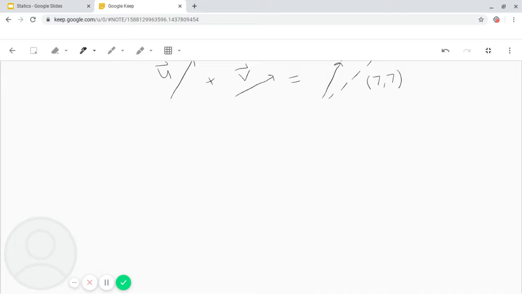Next is finding a unit vector. So in the problem, we need to find a unit vector for u is 3, 7, 4. So to do that, we need to find length u first.